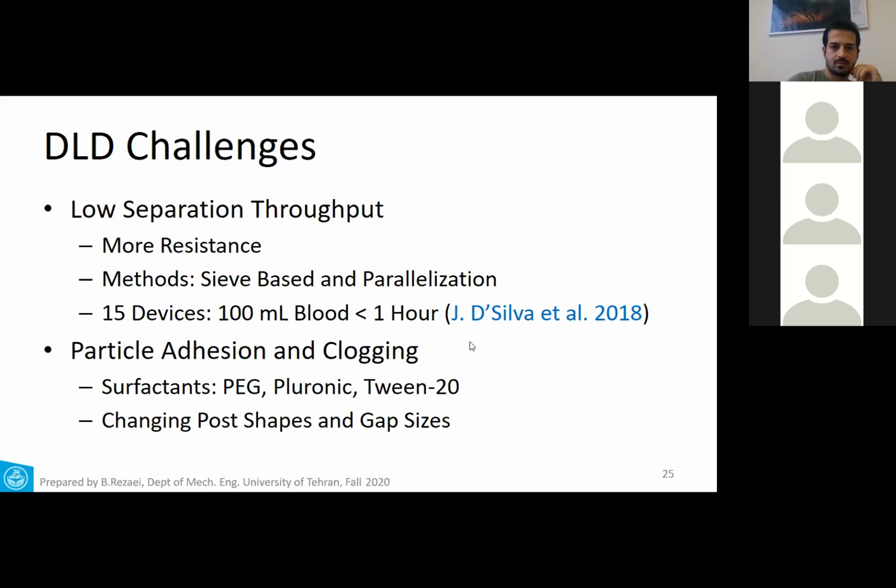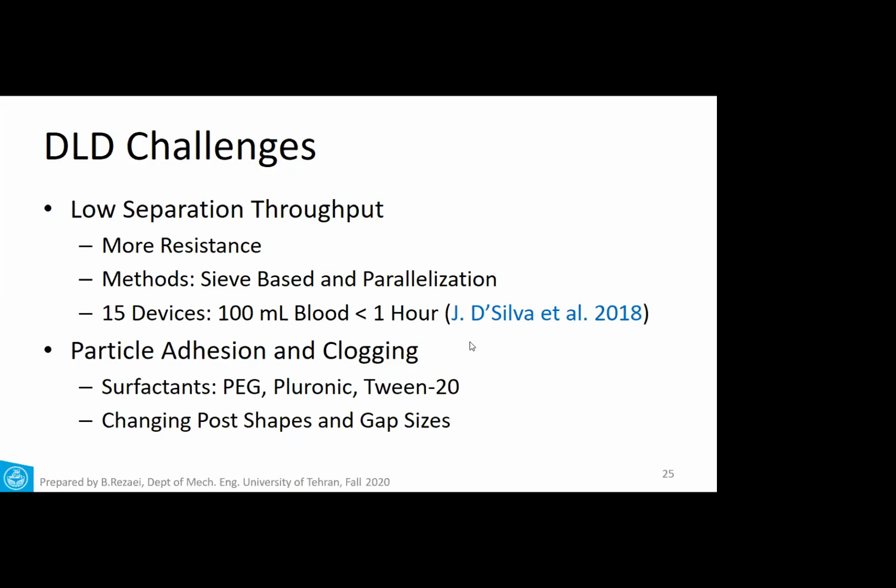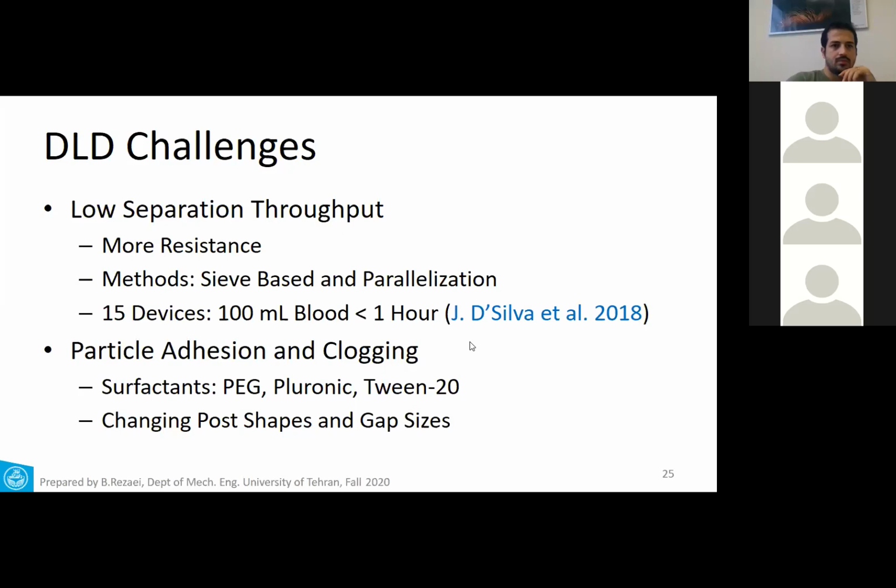And another challenge is particle adhesion and clogging. I've already talked about that. I told you that some surfactants like PEG, Pluronic, Tween 20 are added to the solution, so they decrease the adhesion of the particles, so they do not adhere to the posts. And I've told you they have changed the post shapes and gap sizes.